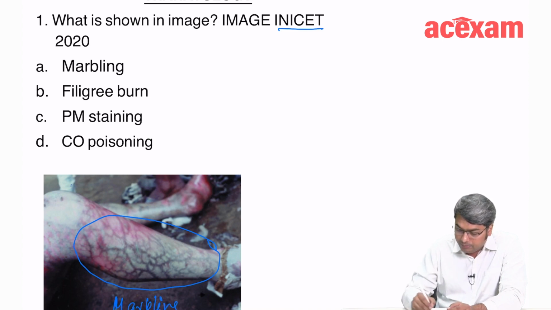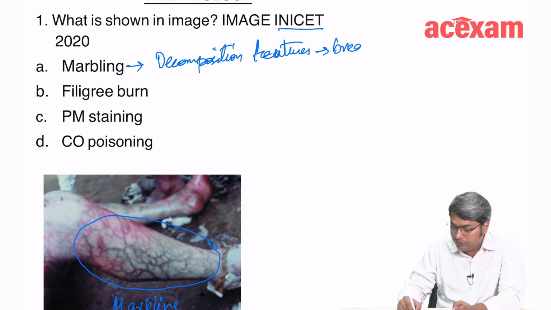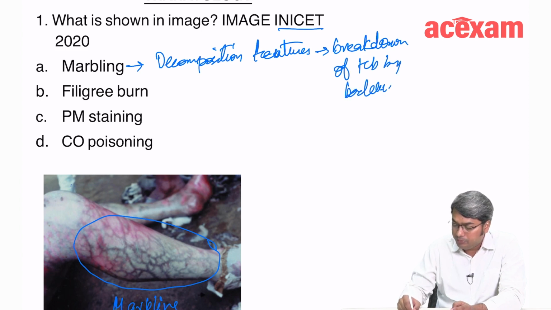Marbling is a decomposition feature which occurs due to breakdown of hemoglobin by bacteria, and it produces H2S, and that leads to this greenish color.